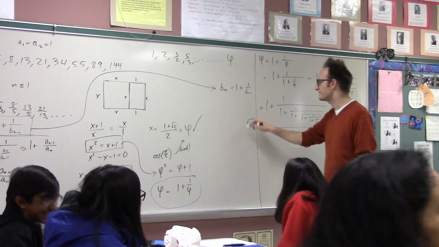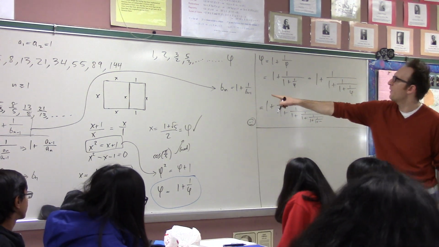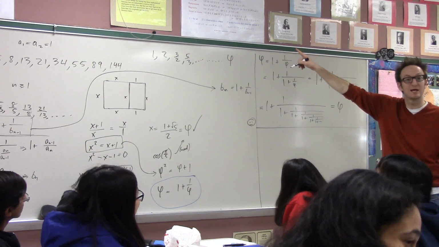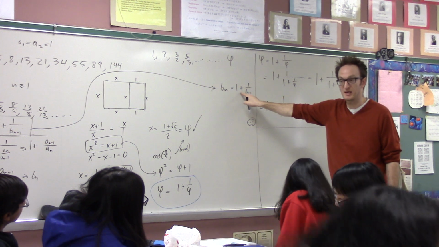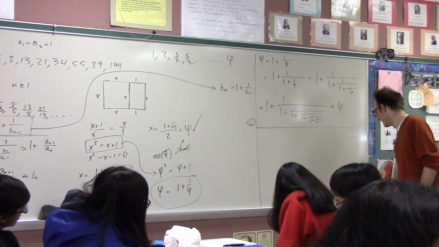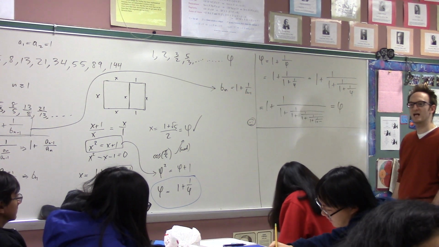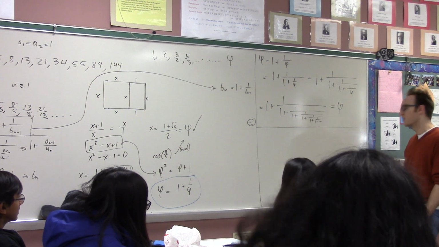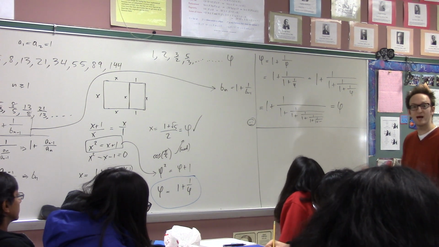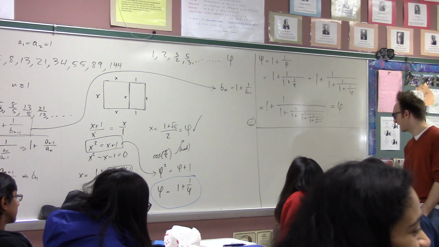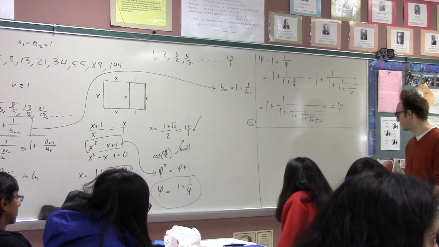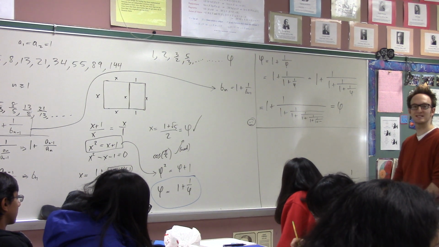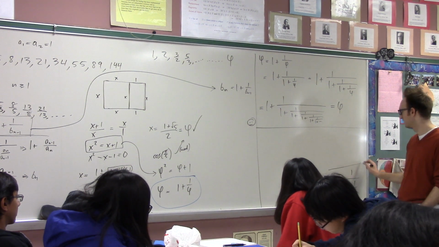On task. So how is that relevant to my sequence? Think about what you're doing in this sequence. You're starting with the number 1, and then how do I get the next element? Reciprocate, add 1. And the next element? Reciprocate, add 1.